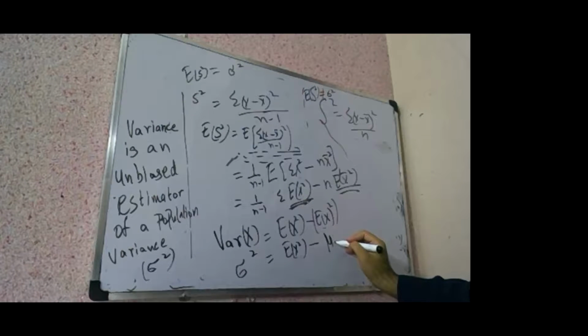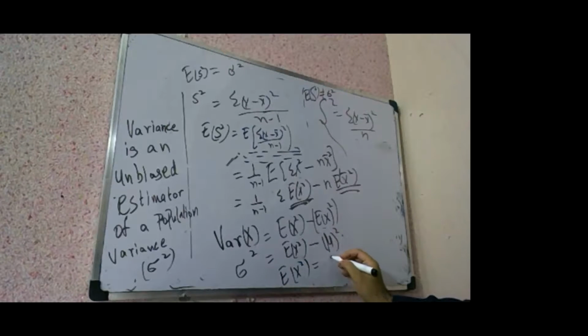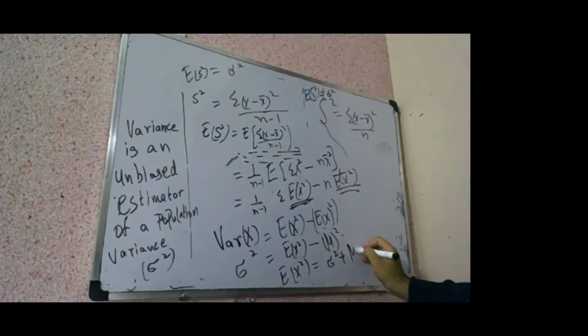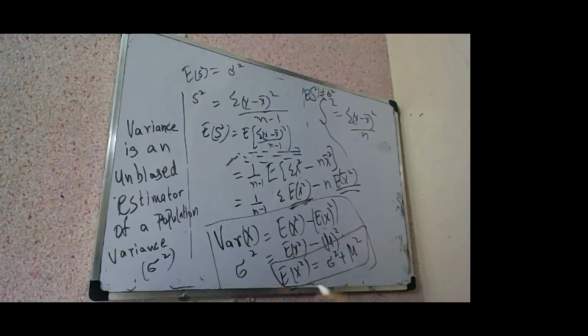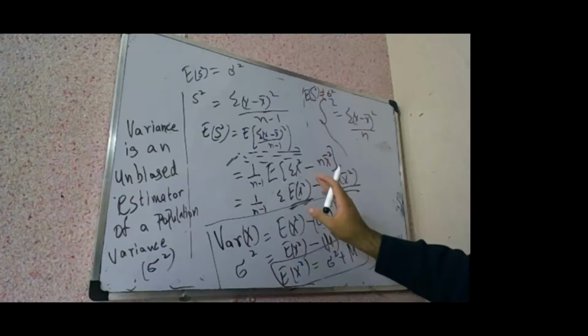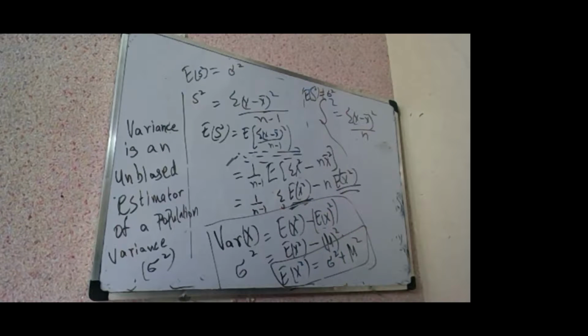Can I write this as mu, right? And square. Now from here you can get the expected value of x square equal to sigma square plus mu square. Can you get this from here? You can get it, right? Easily. This value right here, instead of this value, just put here. So what you will get? You will get here sigma square plus mu square.